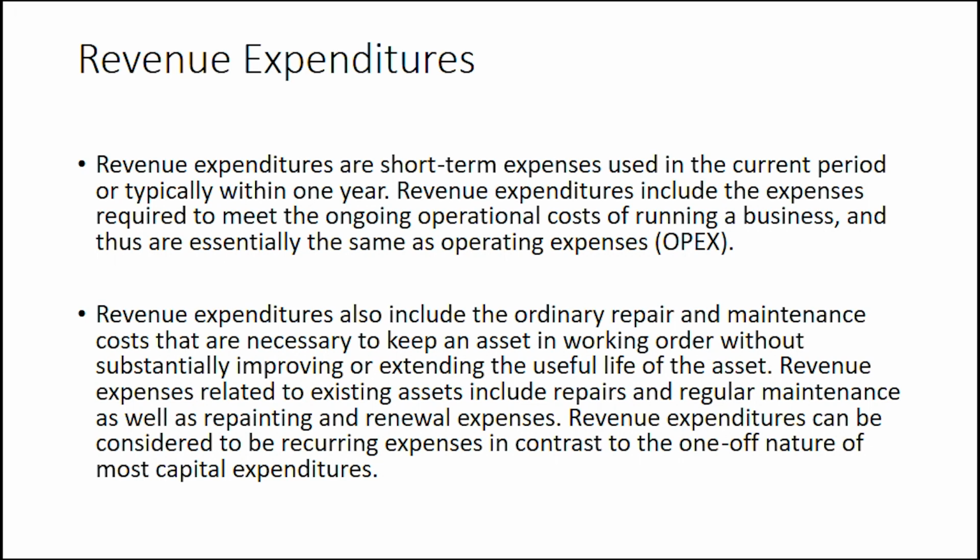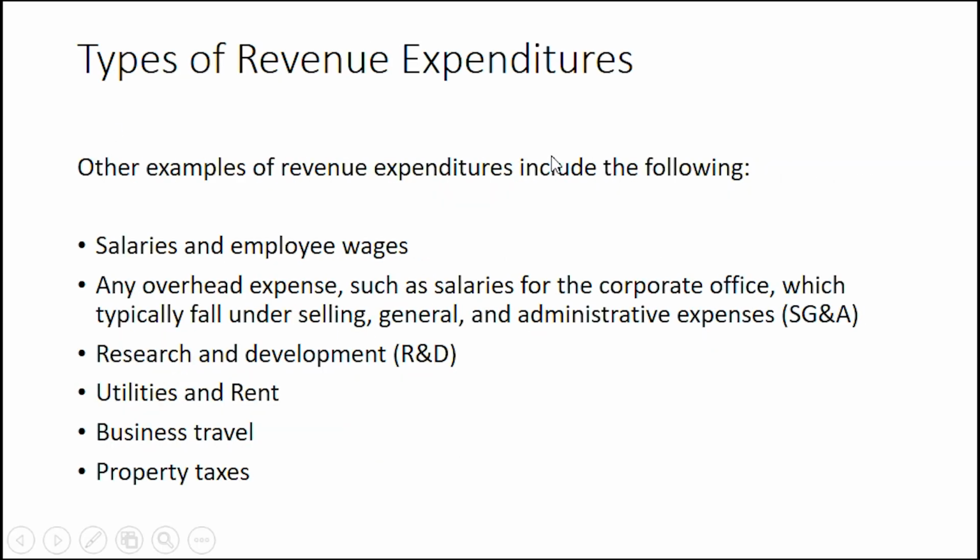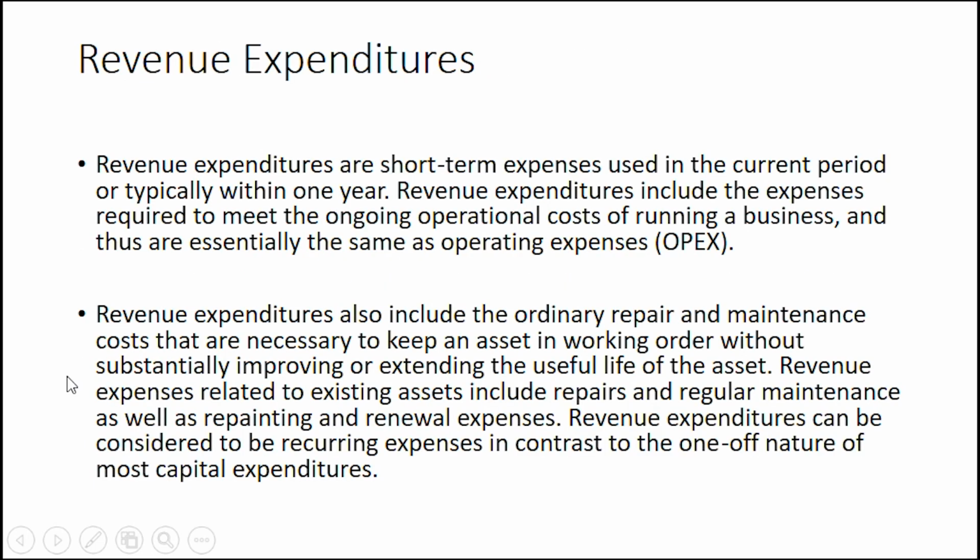First, let us explore something about revenue expenditures. What are revenue expenditures? They are short-term expenses, used in current period or typically within 1 year. So whatever expenses we are incurring in short term or for 1 year only, they are known as revenue expenses.